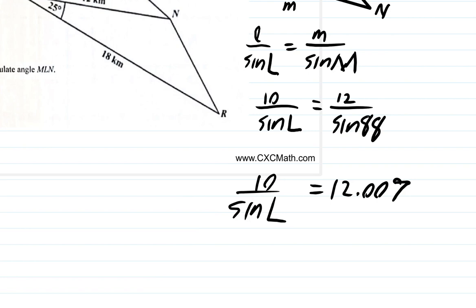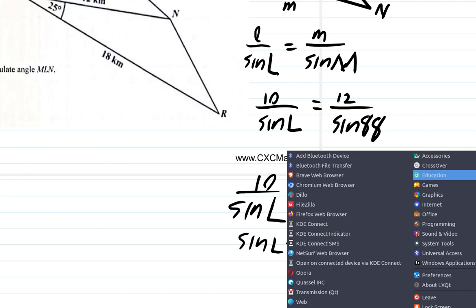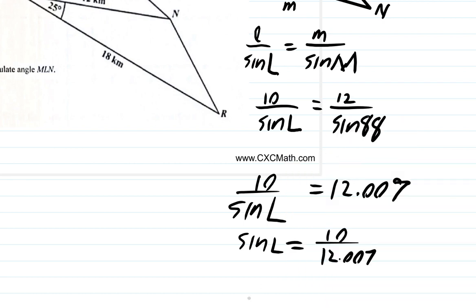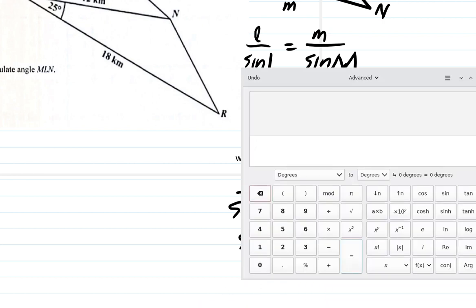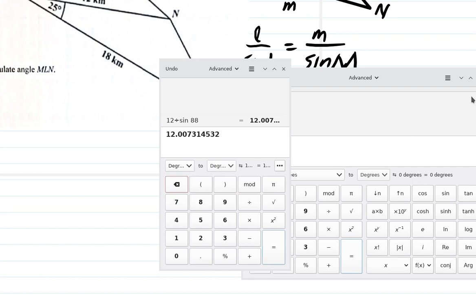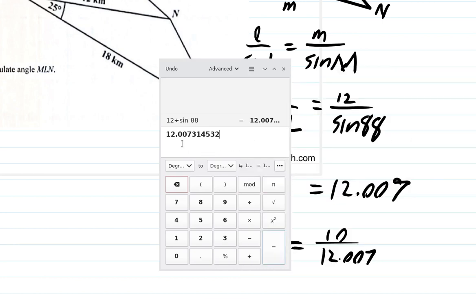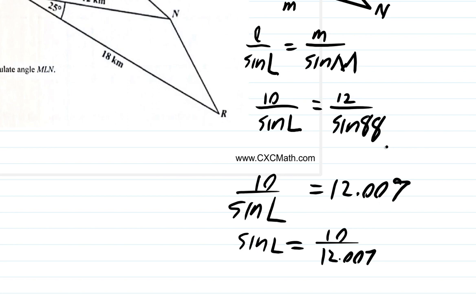We transpose this and you get sine L is equal to 10 divided by 12.007. What does that give you? Let's go back to our calculator. So 10 divided by this equals 0.833.